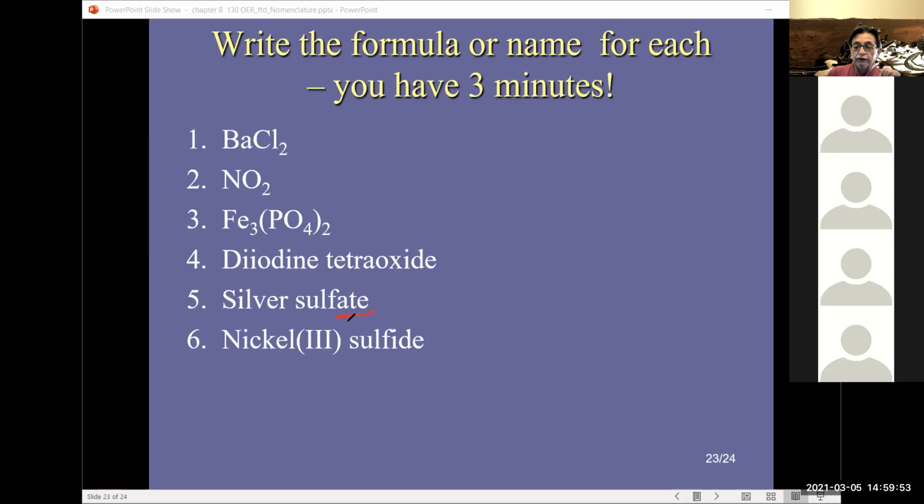Okay. No, not quite, Kathleen. What is the ATE? Remember there is the sulfide, sulfate, and sulfite. Okay, the ATE and the ITE deal with oxygen. The IDE is all by itself.